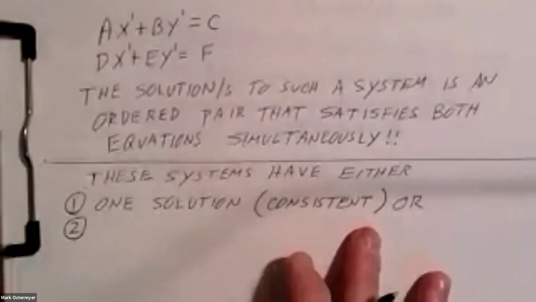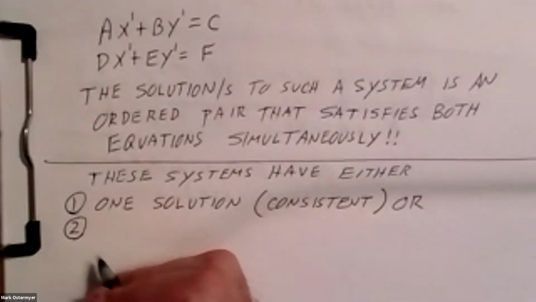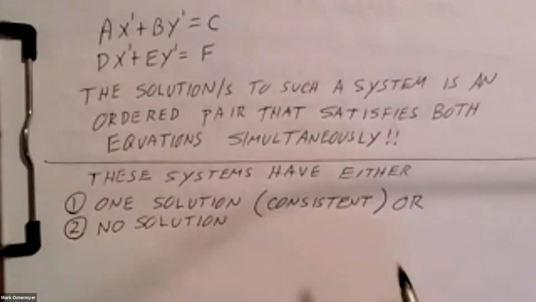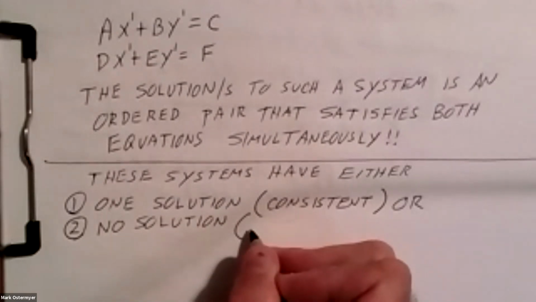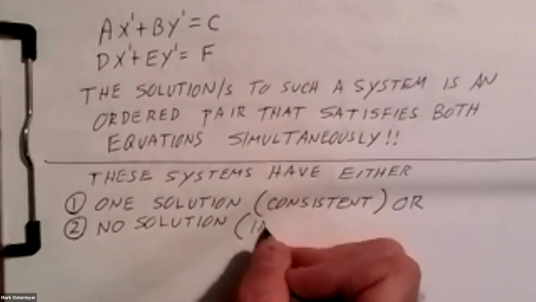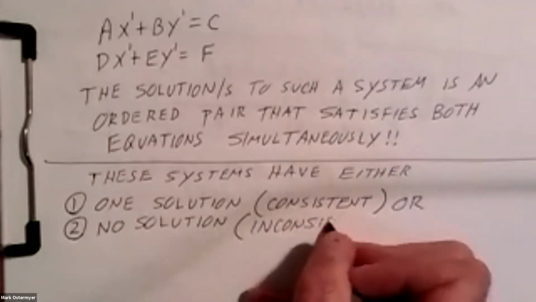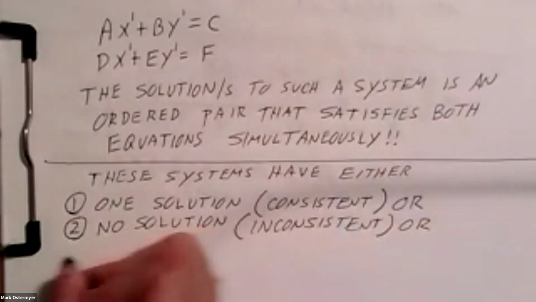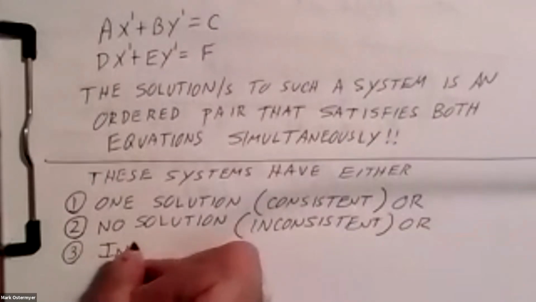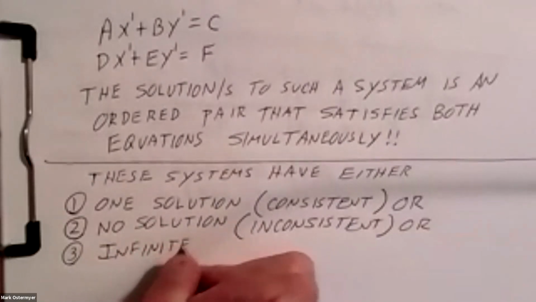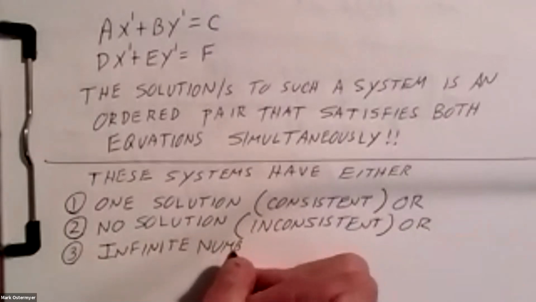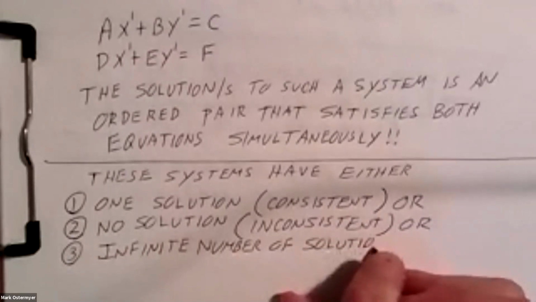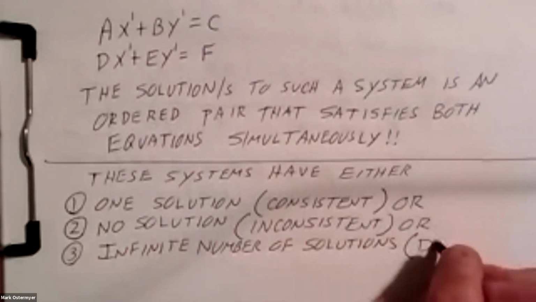Or such a linear system of two equations and two unknowns has no solution. Such a system is referred to as an inconsistent system. Or there's one other scenario. There could be an infinite number of solutions. Such a system is called a dependent system.